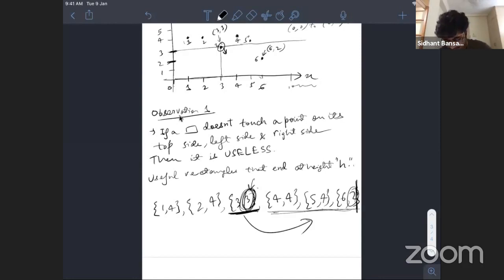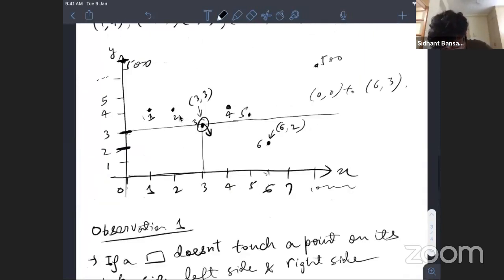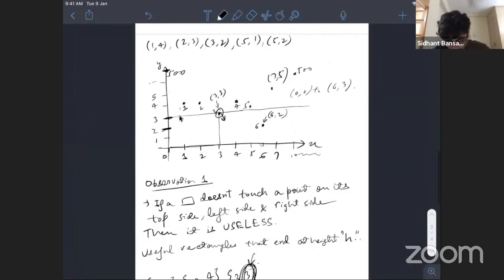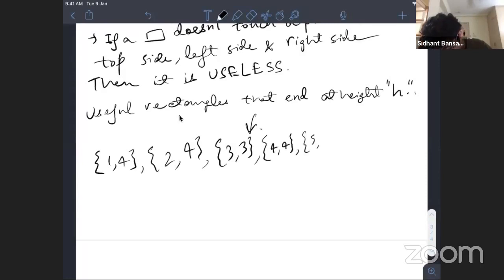Let's say there was another point here, a 7, which was 7, 5. Okay. Then our thing would look like this. Here it would look like 3, 3, then 4, 4, then 5, 4, then 6, 2, then 7, 5.